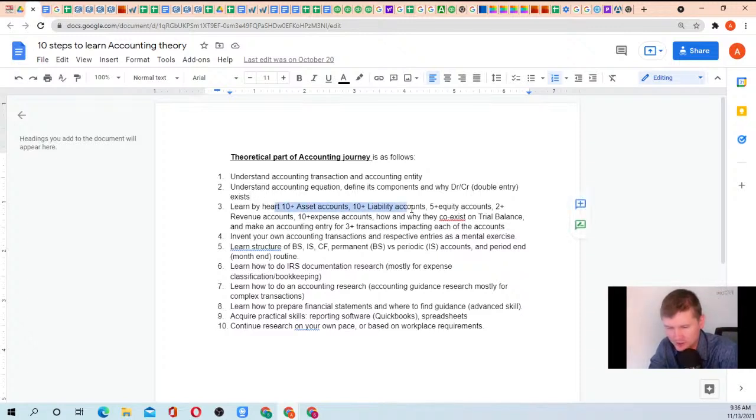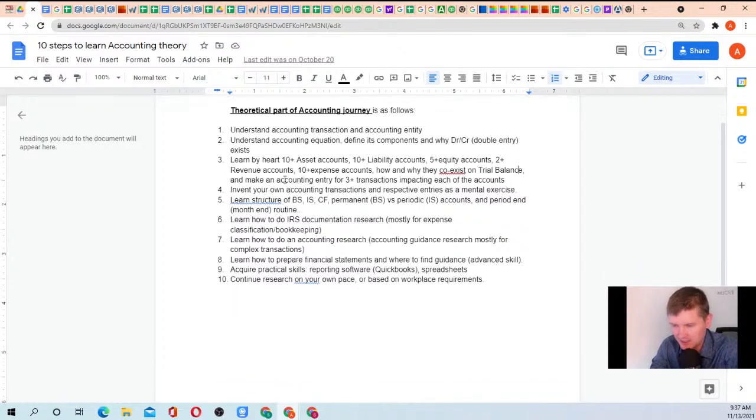We did an exercise to learn by heart some debits and credits, some asset, liability, and equity accounts, and we did quite extensive practice for these transactions. Hopefully you learned through practice how to increase inventories, decrease inventories by credit, increase cash by debit, and so on. We learned the structure of the balance sheet and income statement.